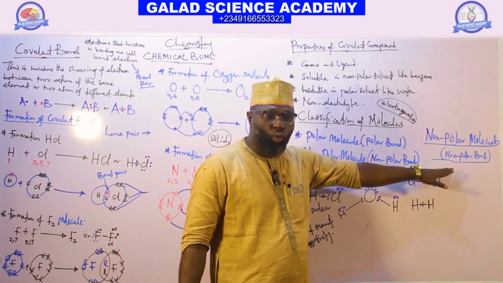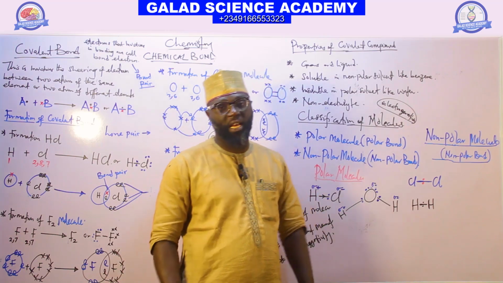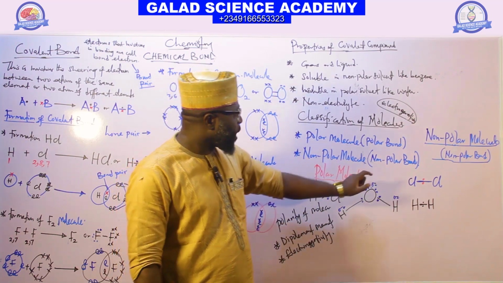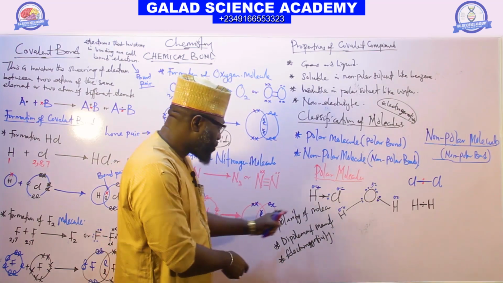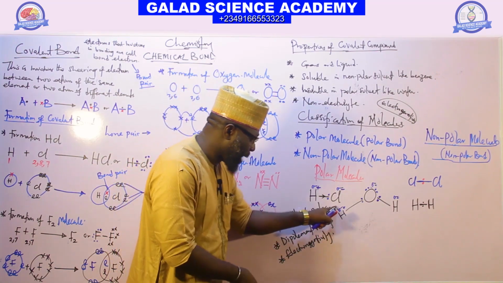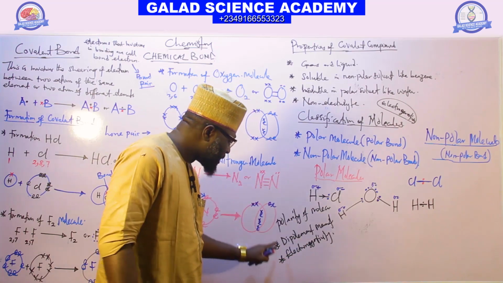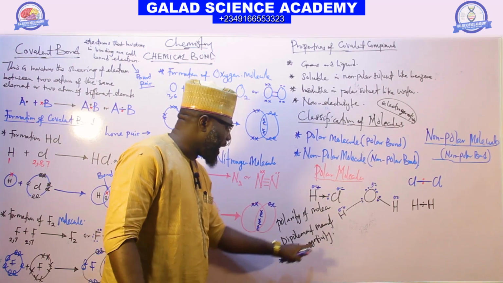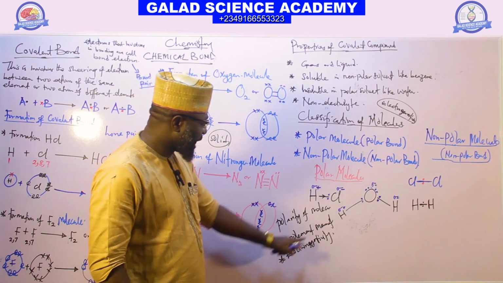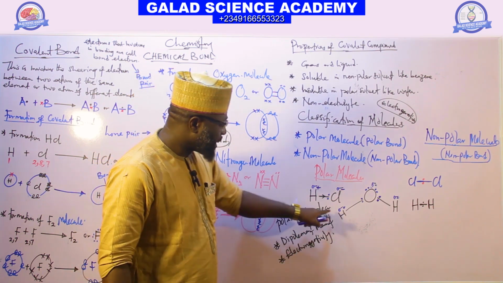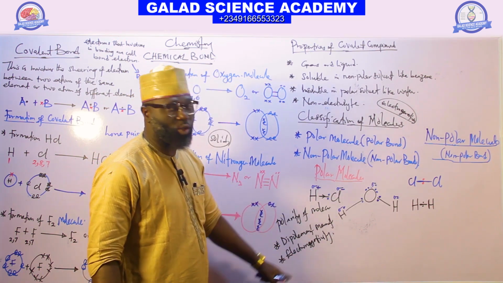Non-polar molecules have elements with the same electronegativity. So how are we going to determine the polarity of a molecule? We can determine the polarity of a molecule by dipole moment or electronegativity of the element. So this now leads us to dipole moment and electronegativity.